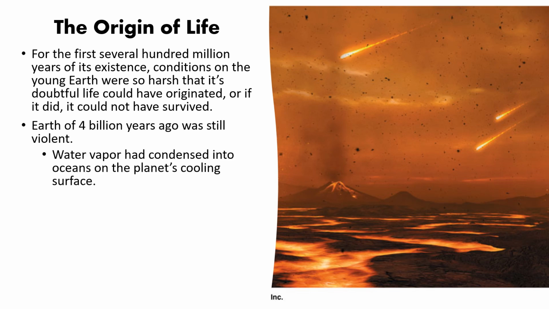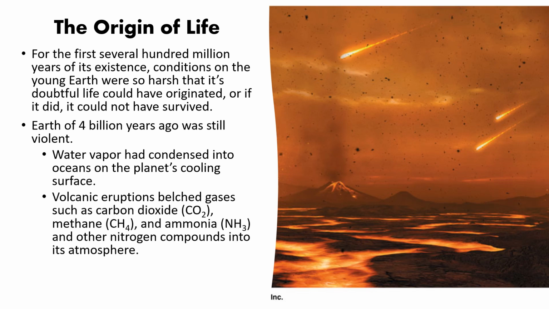Water vapor starts to condense into oceans, which allows for the cooling of the surface. There are still volcanic eruptions at this time, belching gases like carbon dioxide, methane, and ammonia. Those inorganic molecules are going to be important for life at some point, so they're starting to be present on the planet.